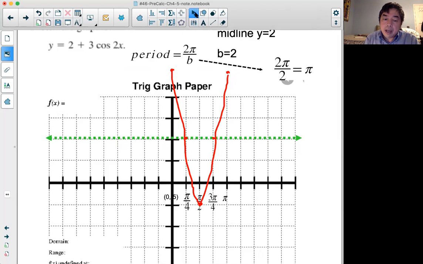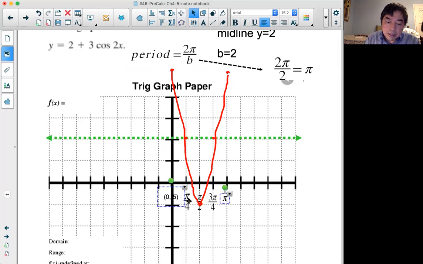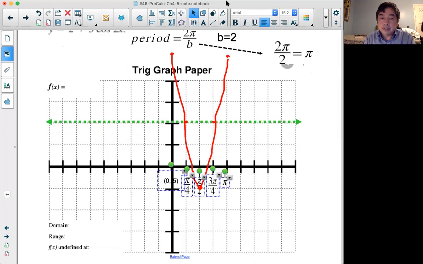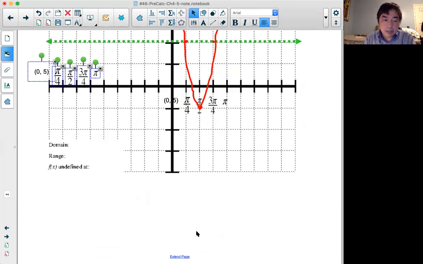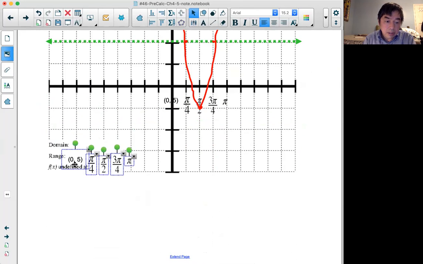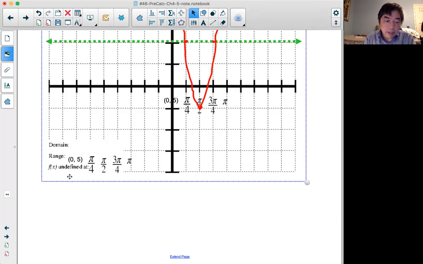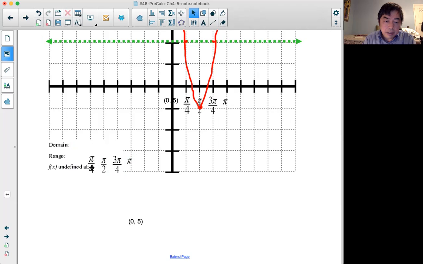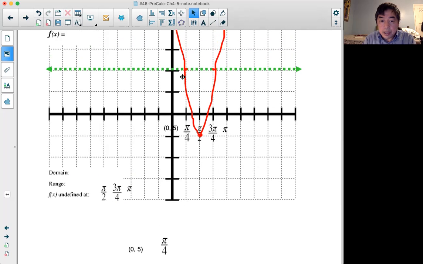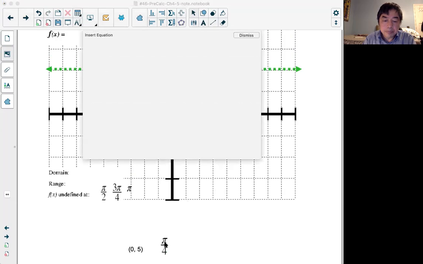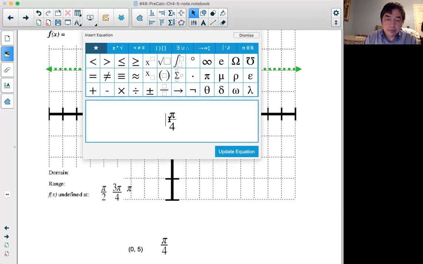So now I will cut and paste here, a little bit down, and I will write down the coordinates. So 0 and 5 is okay, right? The next number is quarter pi comma 2.